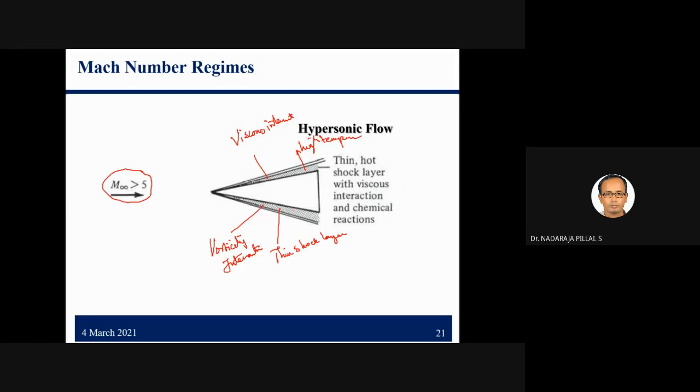Because of very high temperature, the flow, for example O2, will become 2O plus e minus, and that becomes a chemically reacting flow. So all these things happen in hypersonic flow.